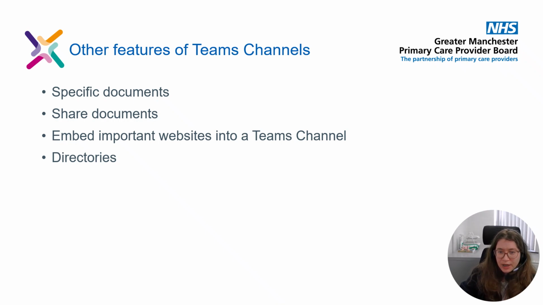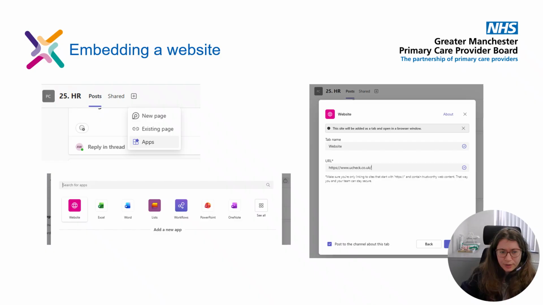And then we're going to look at how to embed websites and directories on the next slide. So in order to embed a website, which will just be a little tab at the top of your Teams here, and it will just be a link to that website rather than having to go through a longer route.